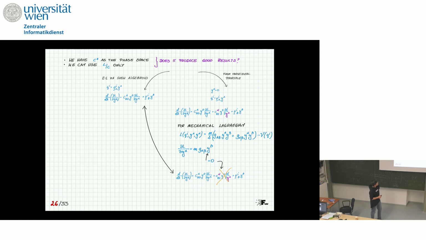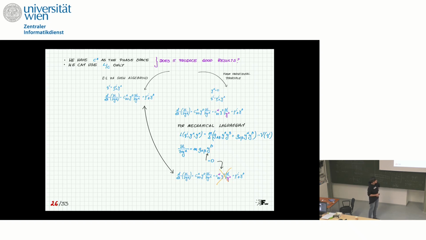But in case when we have this mechanical Lagrangian, the part depending on velocities perpendicular to the constraints is separated from the part which is along the constraint. And as I said, those two sets of coordinates do not mix.